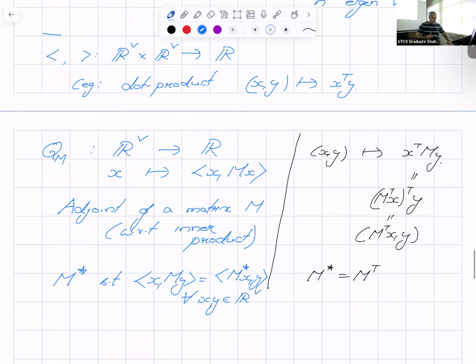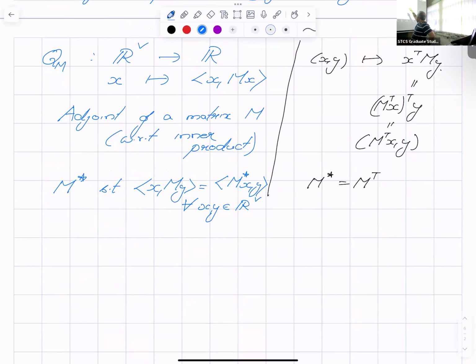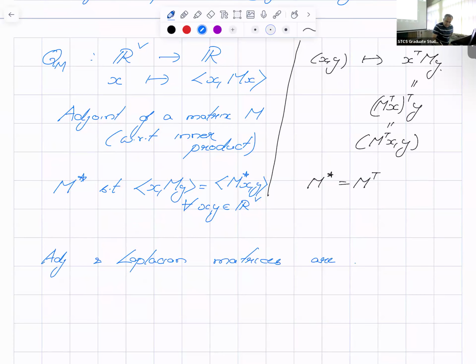Okay. Now, what did we notice if you work with the classical dot product? What did the adjacency matrix and the Laplacian have? These are symmetric matrices. So they are self-adjoint matrices. Both the adjacency and Laplacian matrices are self-adjoint with respect to the standard dot product.